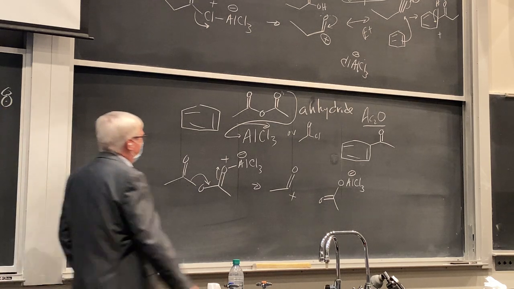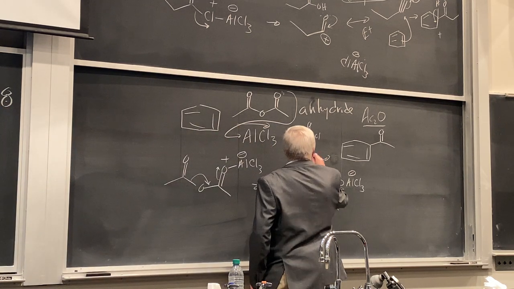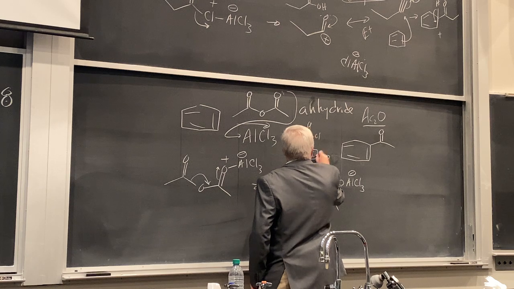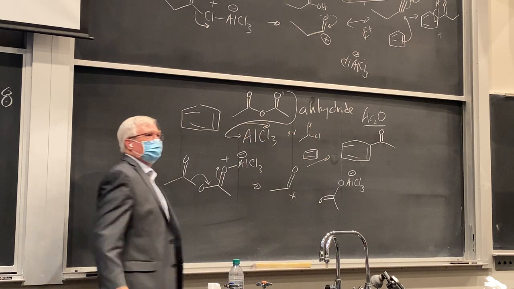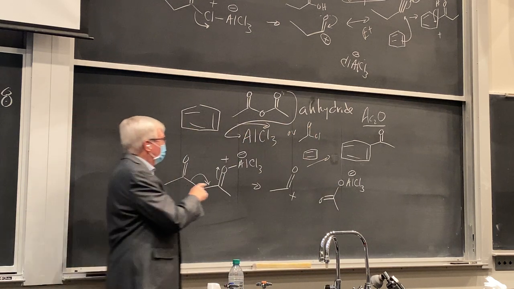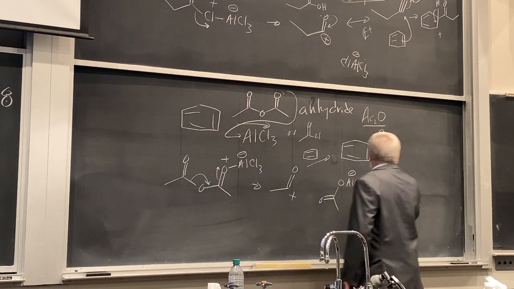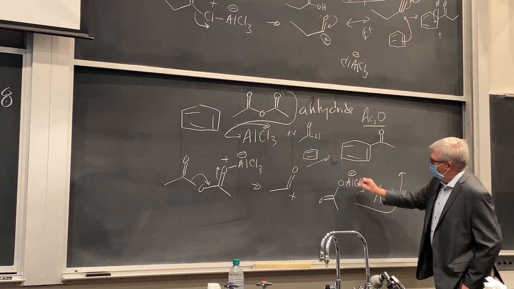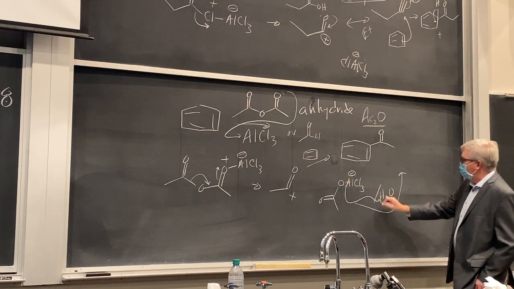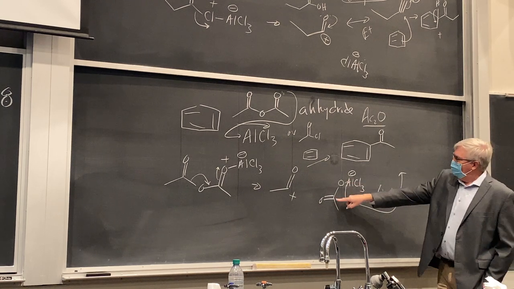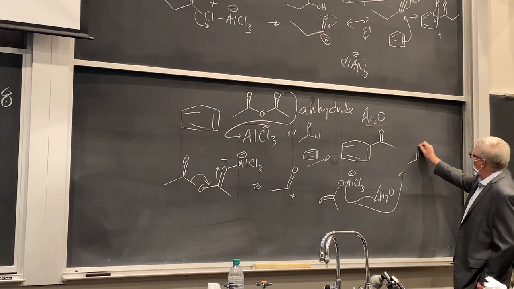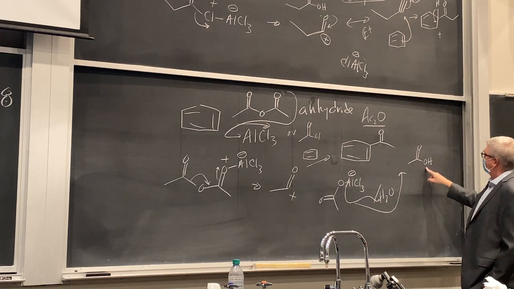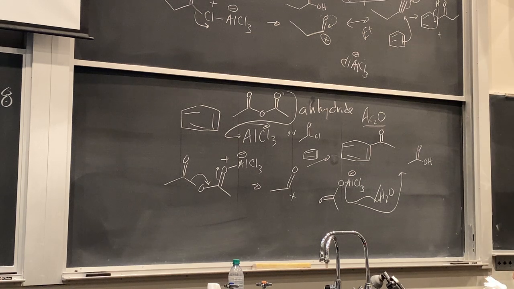So acylium ion, that's where benzene does its thing to get on there, right? I think you can do the rest of that mechanism. What happens to the other part of the anhydride? Well, once you quench it or work it up with water, the water can be a proton donor for the acetate part, and you get a molecule of acetic acid.